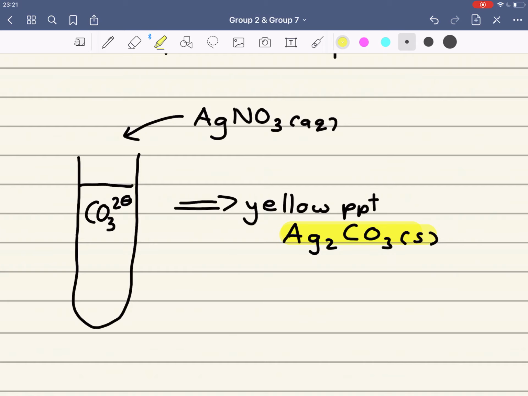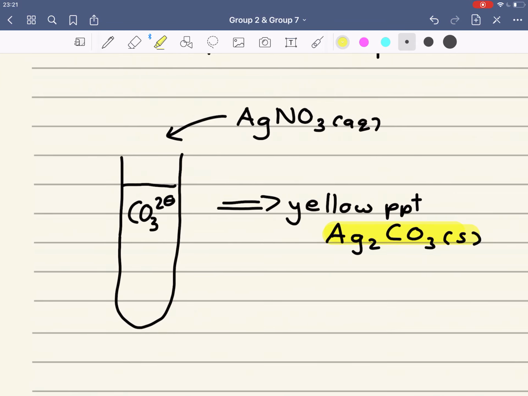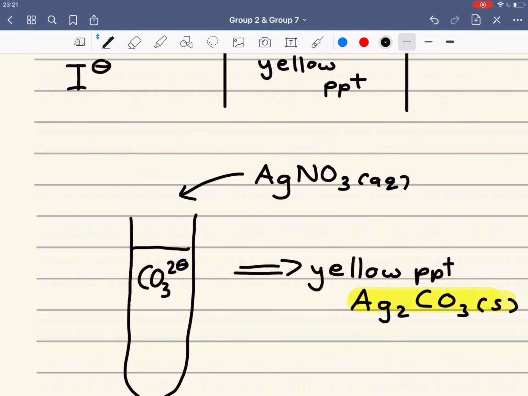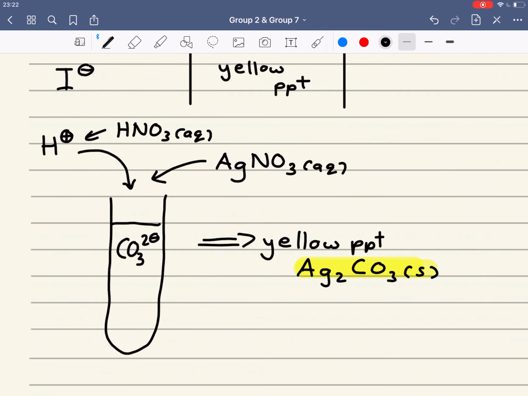It gives you a positive test, which is actually false. What we can do to get round that is we add acid. We add hydrogen ions. The source of those hydrogen ions is nitric acid. Please be aware this has to be nitric acid, not hydrochloric.